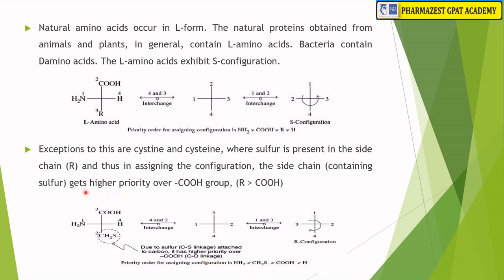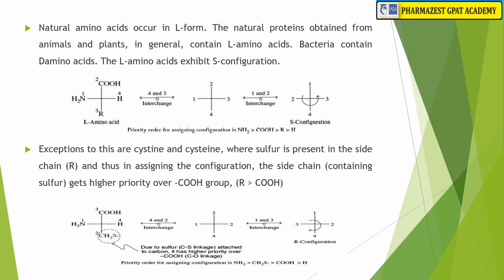Except cysteine and cystine, where sulfur is present in the side chain, thus the R configuration is assigned. Rest all are S configuration. Only exception is for cysteine and cystine, which contain sulfur in the side chain.